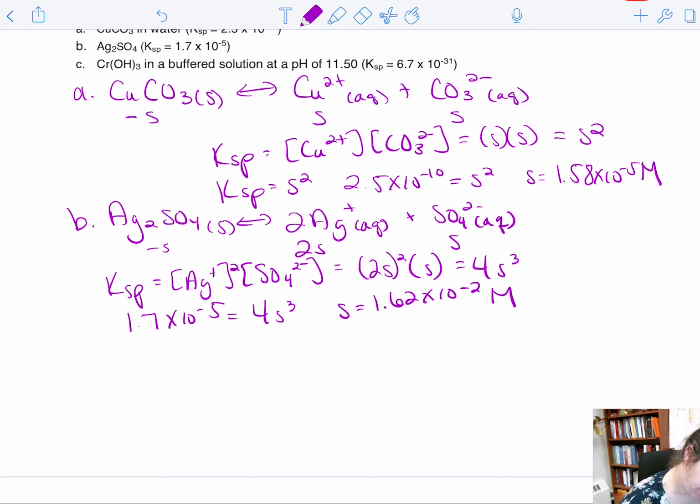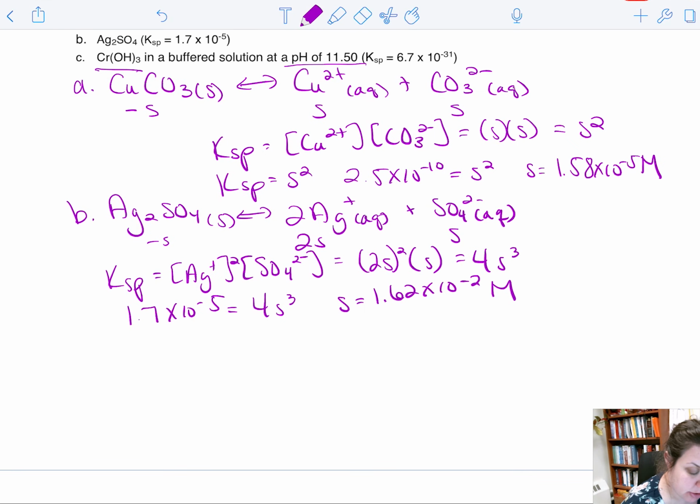Our next one is a little more difficult. We have chromium hydroxide, and we have a buffered solution at a pH of 11.50. Anytime you see a pH, you're almost always looking for either H plus concentration or OH minus concentration. In this case, OH minus is a common ion, so we're looking for OH minus concentration. So if we have pH equal to 11.50, our pOH would equal 2.50.